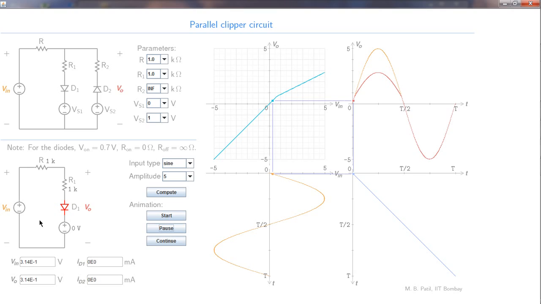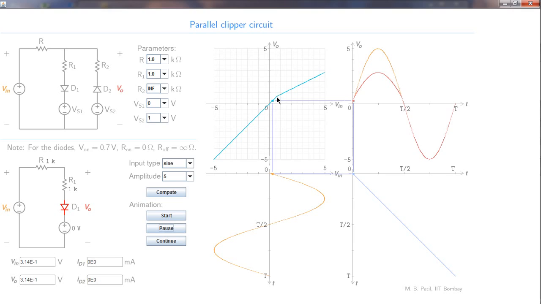So now this is our circuit. This second branch is gone, and the VO versus VI relationship is as shown over here. It has only one breakpoint somewhere here, and let us now try to understand this VO versus VI relation.